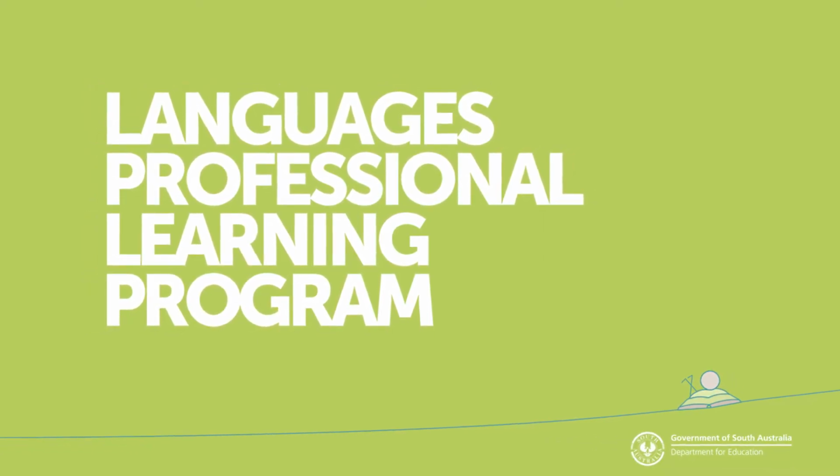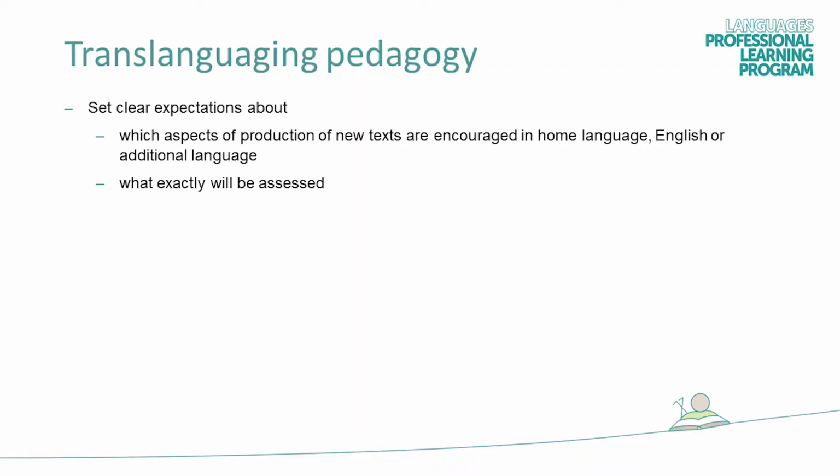Some of the work that I've been exploring in classes has led to a few conclusions, mostly about how this might look. So in the planning process, some of the conclusions that I've drawn are that right from the beginning with students and their learning tasks in a secondary context, I set very clear expectations about what aspects of learning are encouraged in home language, or in English, or in target language.